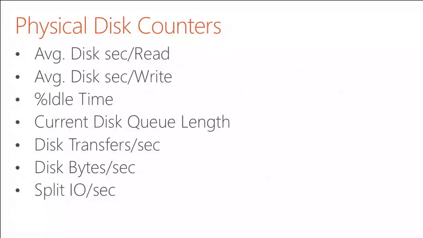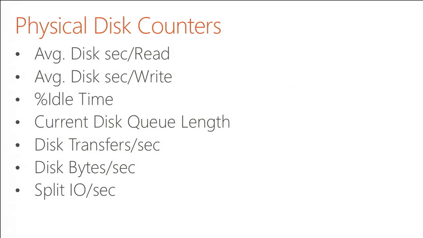I touched a little bit on physical counters, right? The top two ones, latencies, are the ones that we use for Exchange all the time. Idle time, sometimes we don't look at idle time, but idle time just means how busy my disk was or was not. What's the idle time for my disk?